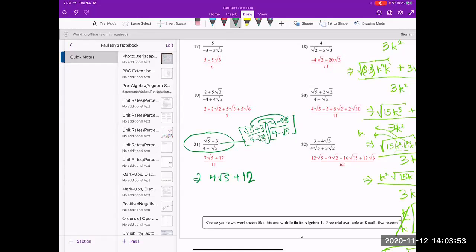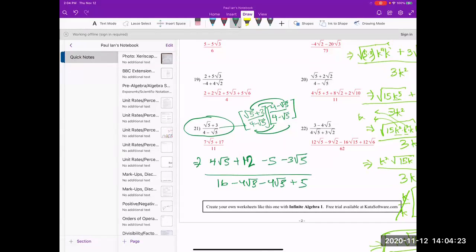And the other one is minus 5 minus 3 root 5. And so this is going to be 16, and then minus 4 root 5 and minus 4 root 5 plus 5.